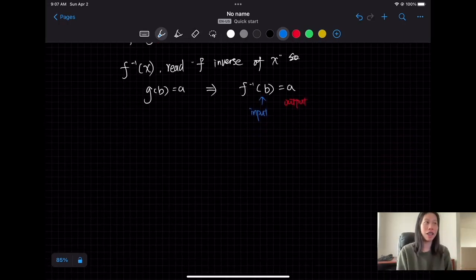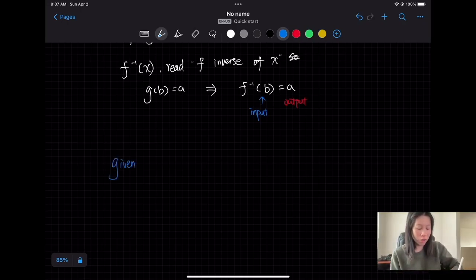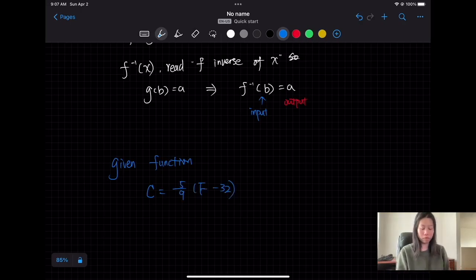Such as if I give you a Fahrenheit temperature and now you travel overseas, most foreign countries use Celsius. So if I tell you that today is 75 degrees Fahrenheit, and I want you to convert this to Celsius, what do you do? Well, I give you a function, which is the Celsius function. You know there's a relationship between Celsius and Fahrenheit.